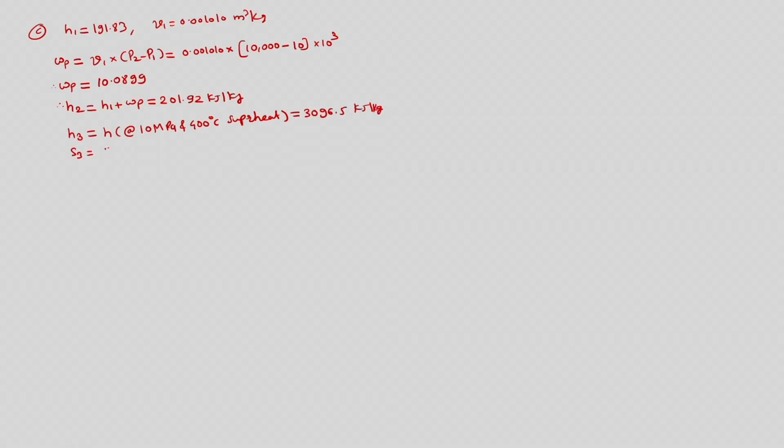Here we remember that we also have to find out the entropy corresponding to 10 megapascal, 400 degrees Celsius superheat, and this entropy is 6.2120 kilojoule per kg Kelvin. So we have S3 is equal to S4 is equal to 6.2120, which is S1 plus X4 into SFG. So this gives us the value of X4, and it is 0.742.